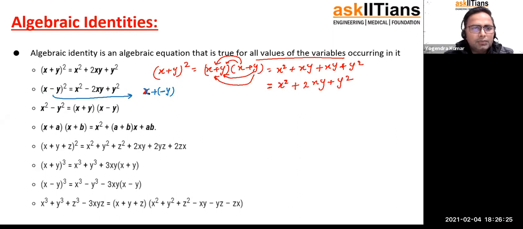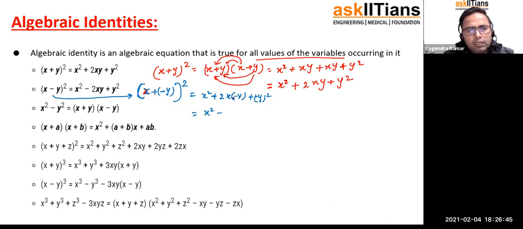Indirectly it is x minus y only. So this identity, this whole square I want to do. So what I'll do here, x square plus 2 times of x times minus y plus minus y square.